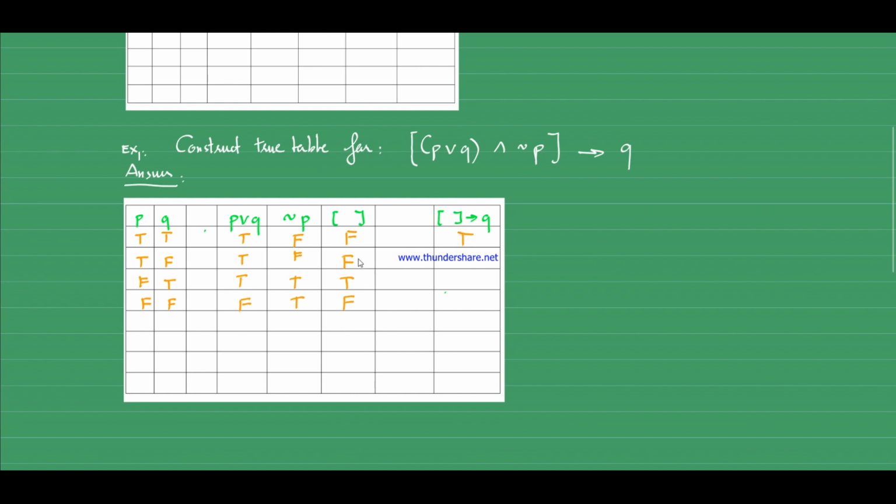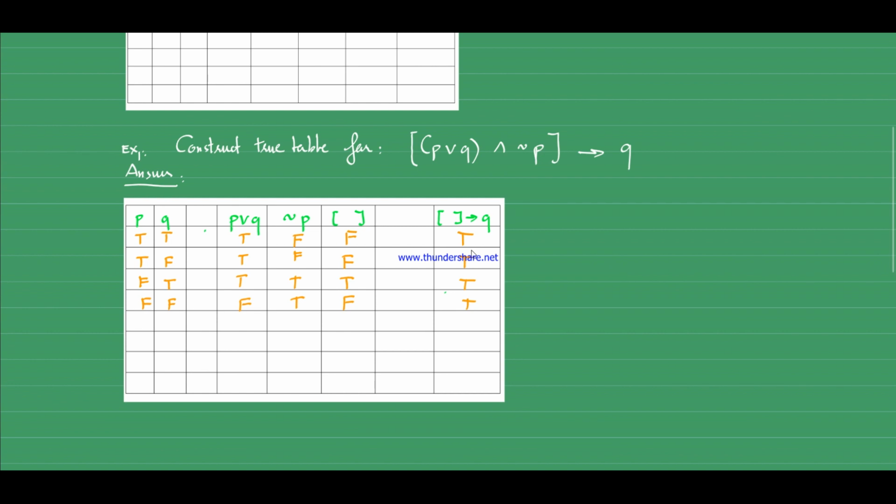This is also still true. Two will be true, and four also will be true. Everything is true. So the whole thing is true.